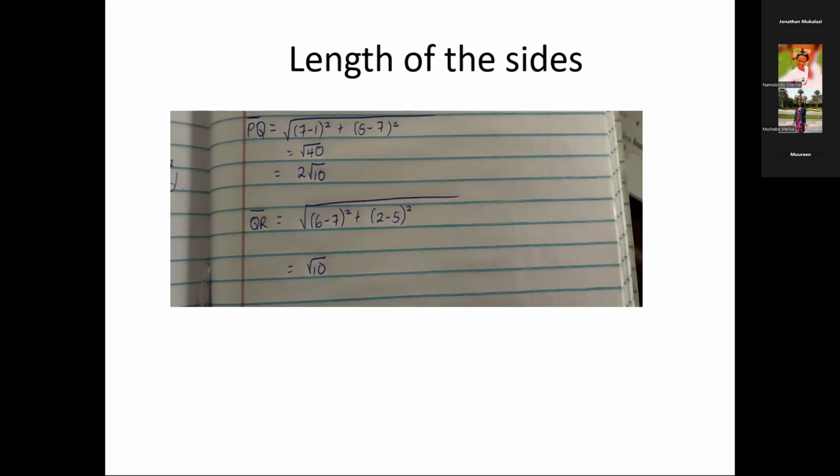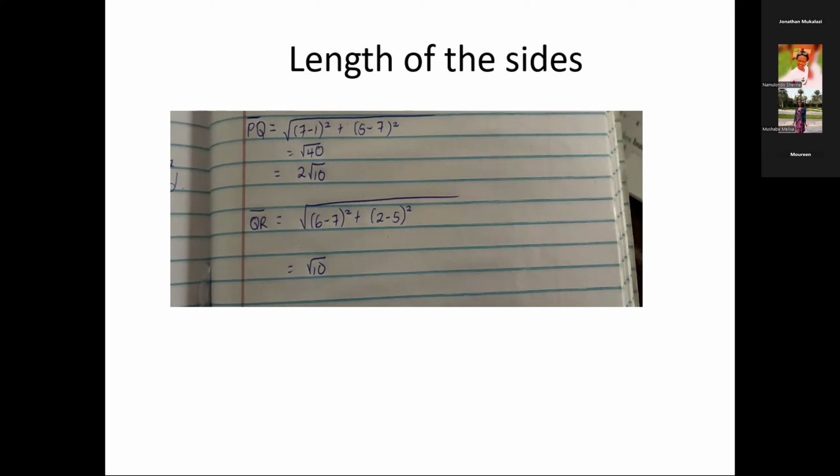So now that we found out that PQ is perpendicular to QR, and before that, we also realized that the gradients of PQ and RS were similar, and the gradients of QR and SP were also similar, which means that those lines are parallel. Yes.